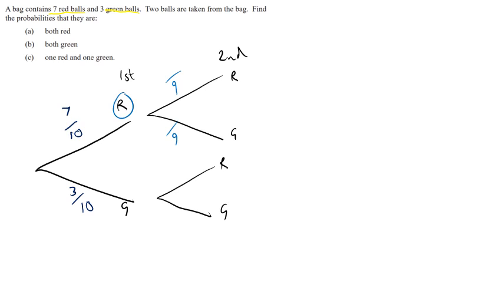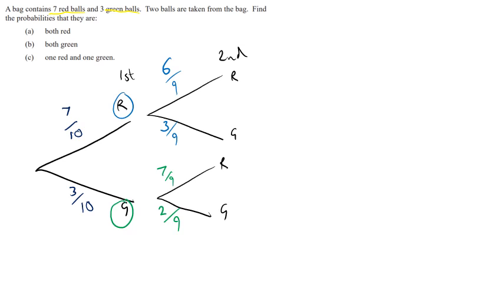And because I've taken out a red one, there's only 6 red balls left, but there's still 3 green ones left. Down here, this is saying I've taken out a green ball. So there were 10, there's now only 9. There were 3 green ones, so now there's only 2 green ones, but there's still 7 red ones.